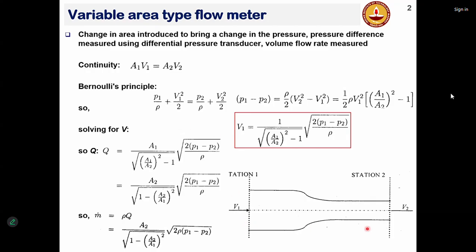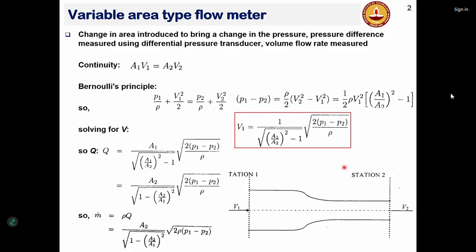But in reality, when you do an experiment, the pressure drop is not only because of the area change, the corresponding velocity change or the kinetic energy change. It will also be because of the viscous loss. Because the fluid has viscosity, there is going to be finite viscous loss between station 1 and station 2, but this procedure does not include the viscous loss.